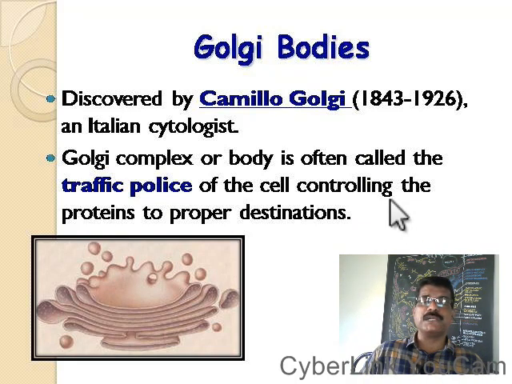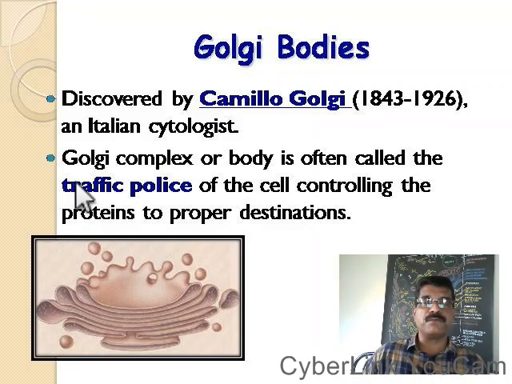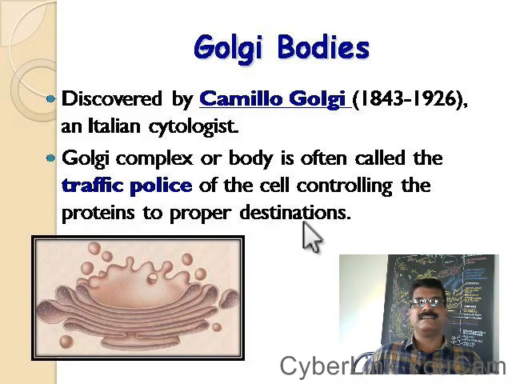Actually, the ribosomes or endoplasmic reticulum produce the proteins, and these proteins are directed to different parts by the Golgi bodies. Therefore, Golgi bodies are known as the traffic police of the cell.